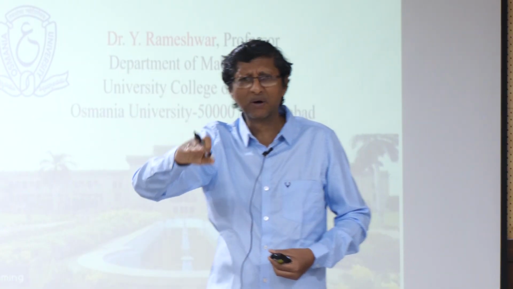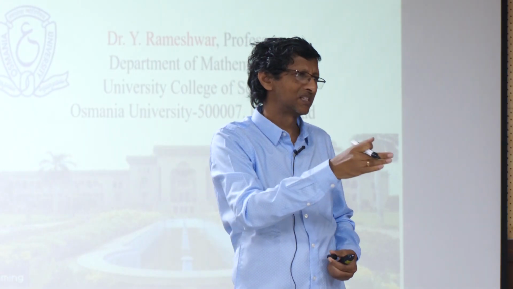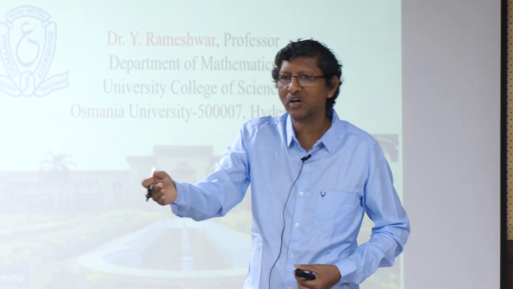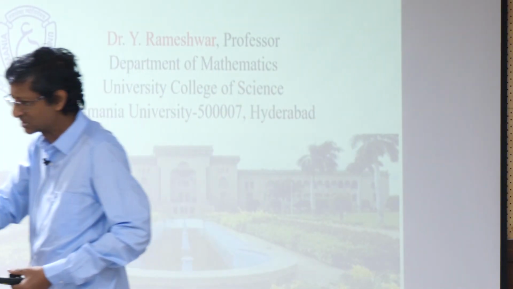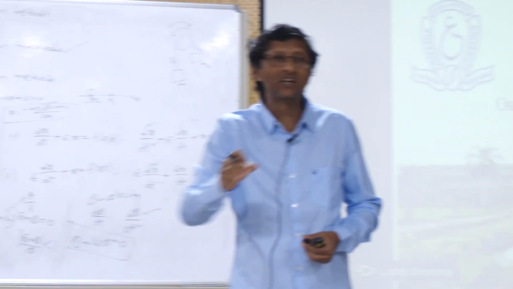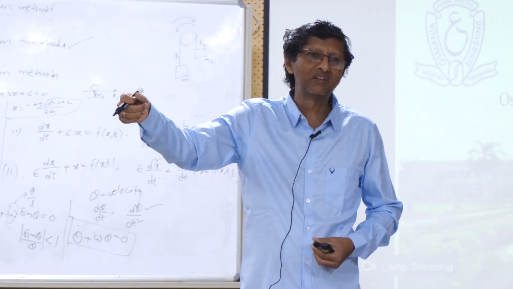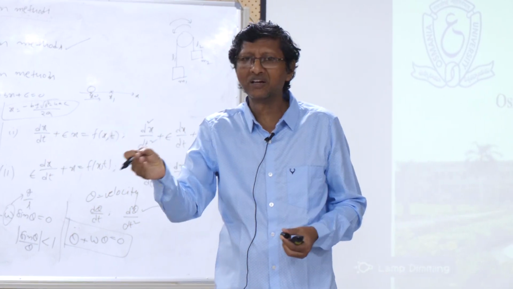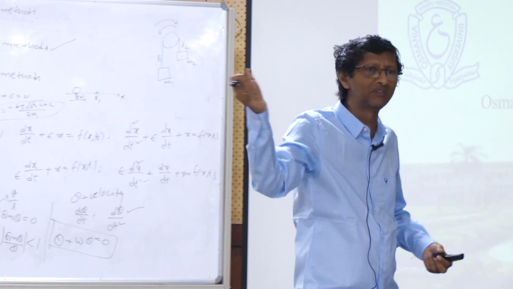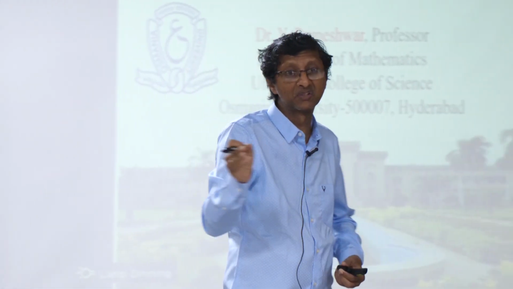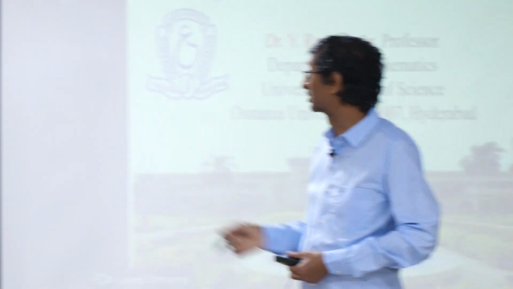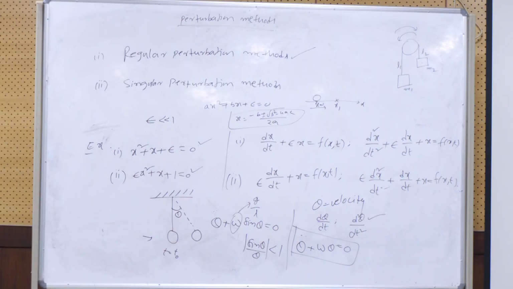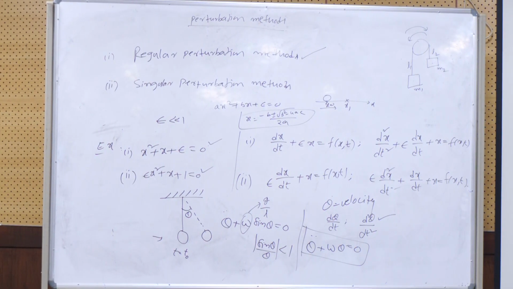So then, like a power series, right? You know the power series methodology: you have a differential equation, and the power series method is there. You expand the solution in powers of x, for example, where x is an independent variable. Then try to get the constants in the power series, and finally you get the solutions, right? That is the power series method. So here also we try to expand in a power series up to some extent, and then the results you get, both can be comparable.